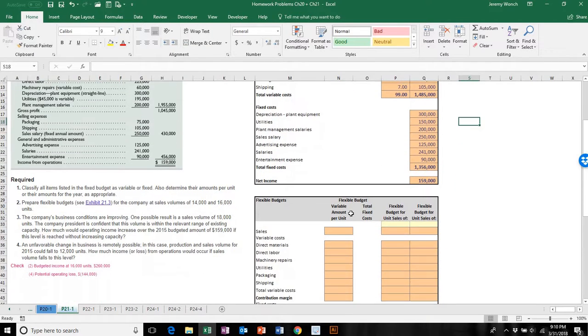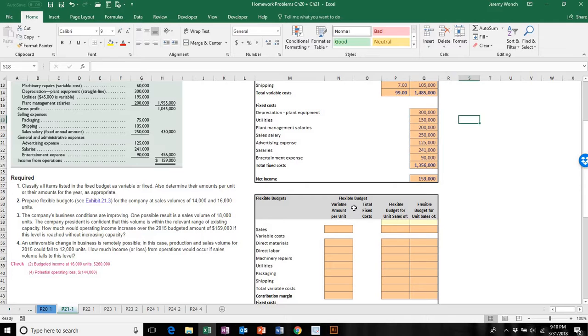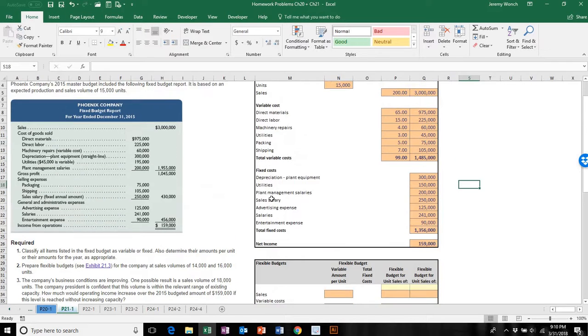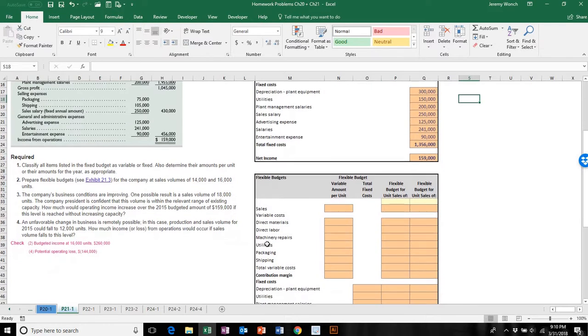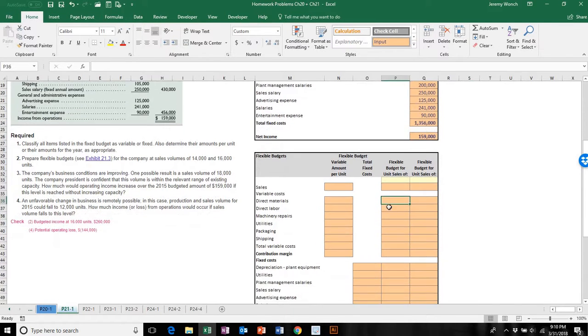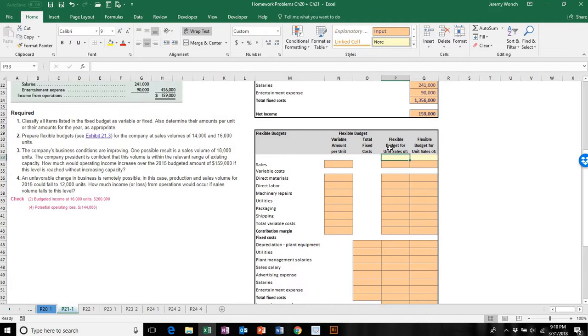All right, on the next part, we want to prepare a flexible budget based on whether the company does 14,000 units or 16,000 units in sales. So our budget was 15. We're going to say, hey, what does that look like if we do 14 or 16? So up here, we could put in the units. This column is going to be 14,000, and this column will be 16,000.